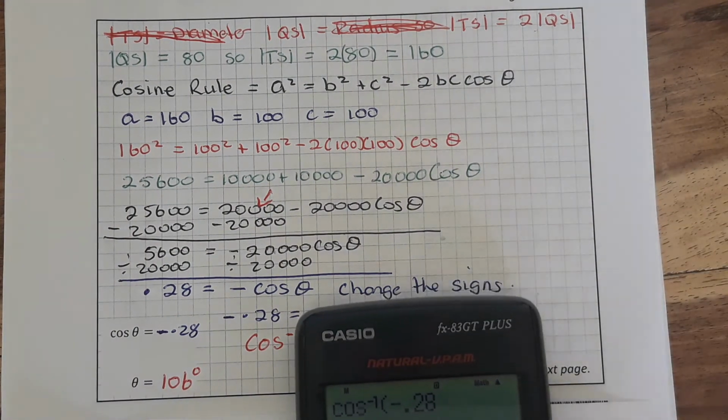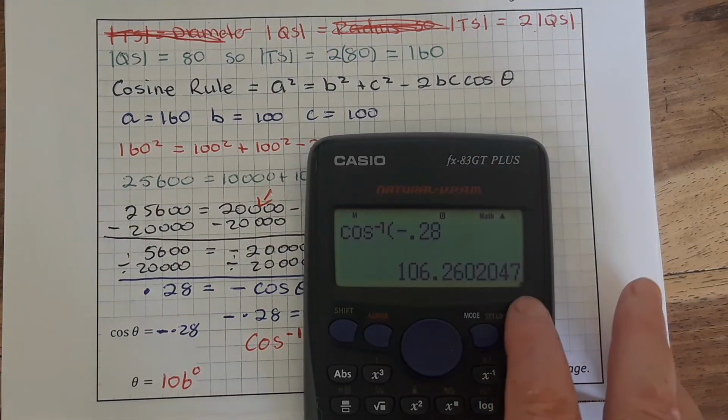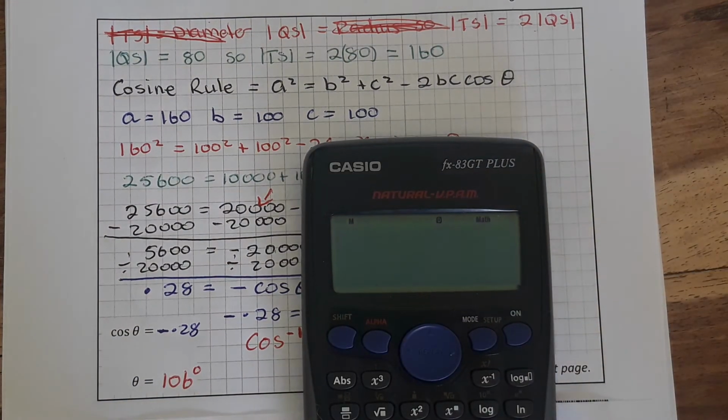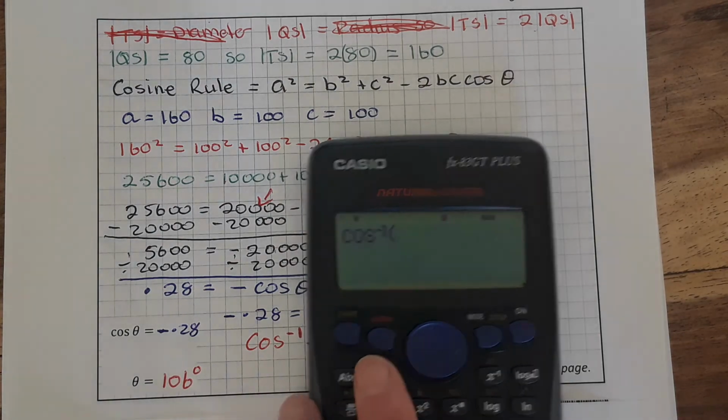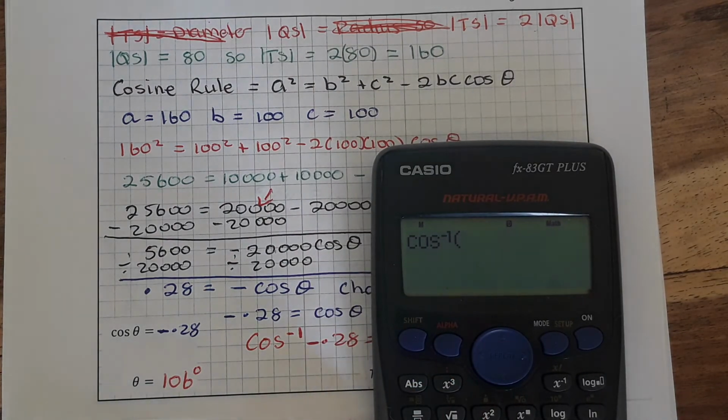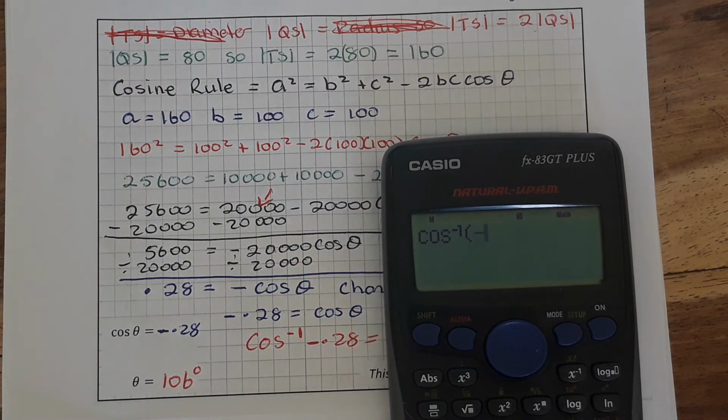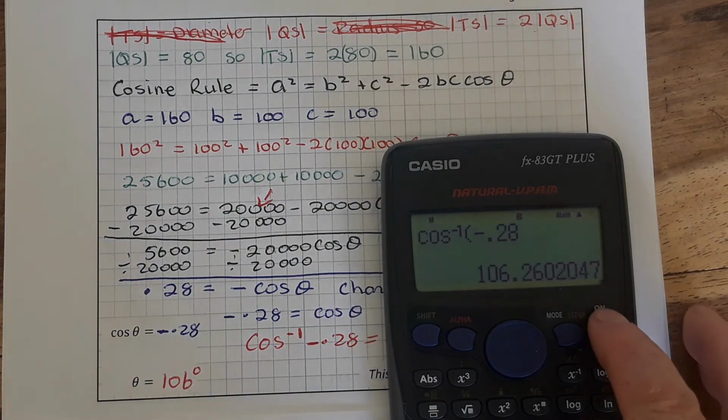Were you able to see that, or did I have it too low down? Let's do that again. You put shift cos, and that gives you your cos to the minus 1. Then you put in minus 0.28. Sorry, I said it the wrong way. Press your equals, and you get your theta. Okay?